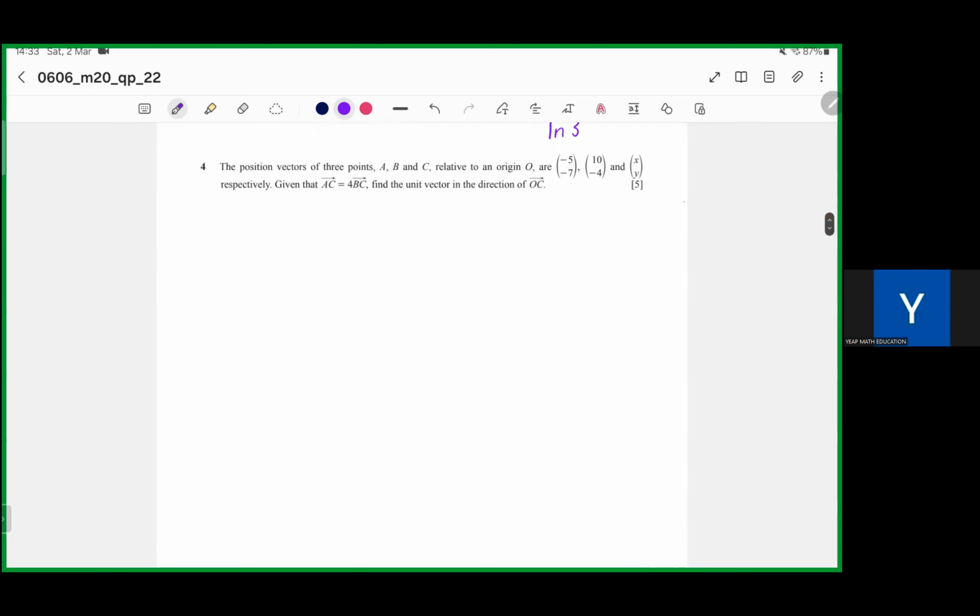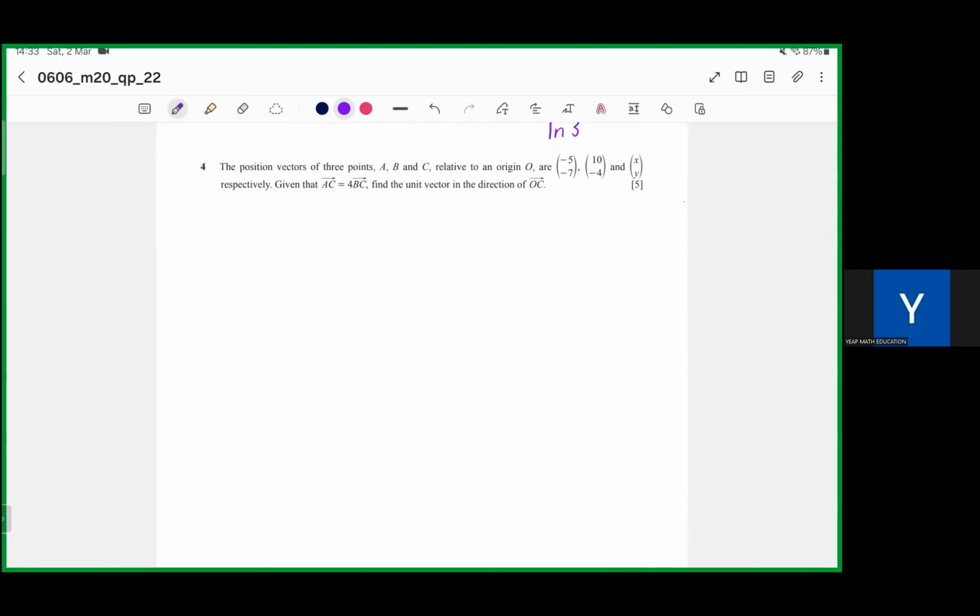Now we look at question 4. Question 4 asks: the position vectors of the three points A, B, and C relative to an origin are (-5, -7), (10, -4), and (x, y) respectively. Given that AC equals 4BC, find the unit vector in the direction of OC.